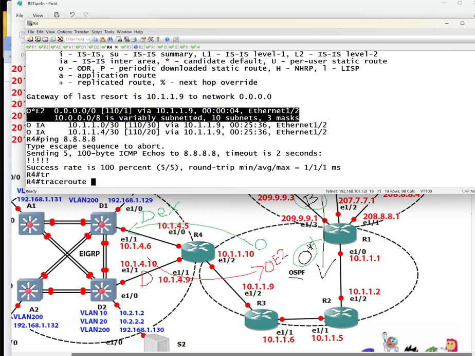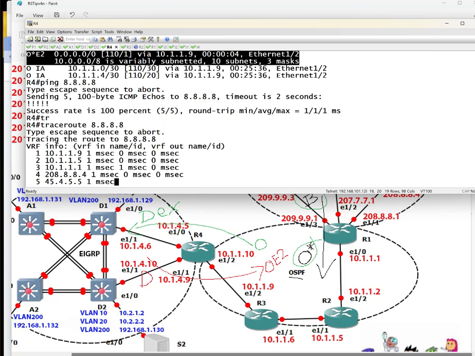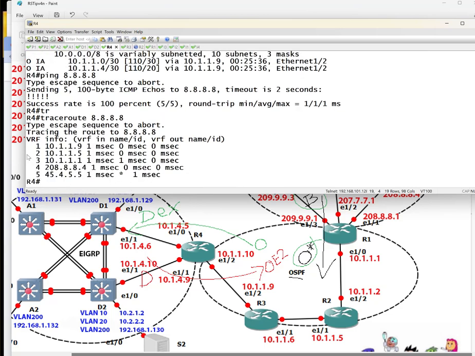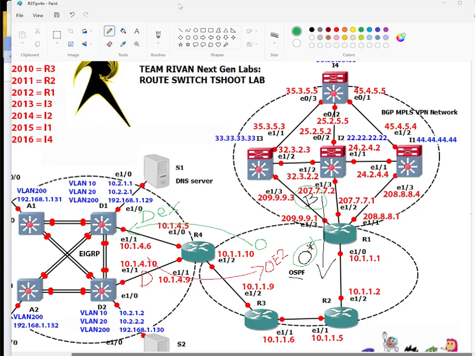And if we trace route that, you will notice that it goes through a lot of hops. So the next task is to have this world talk to that world. This is called two-way route redistribution.